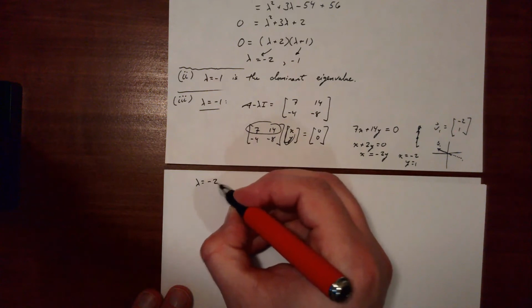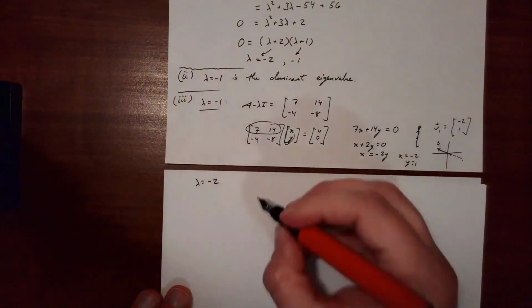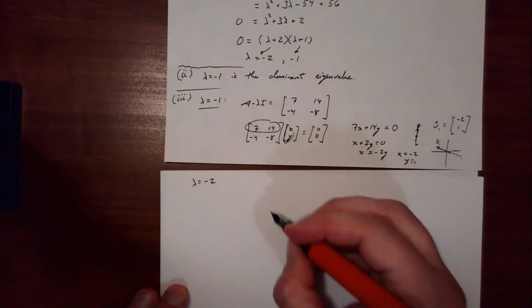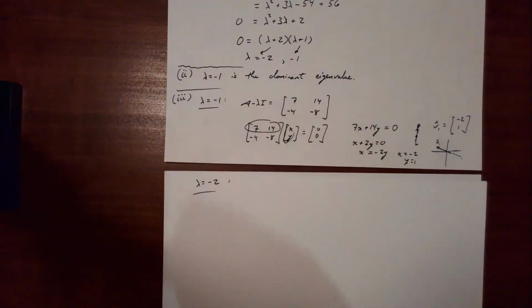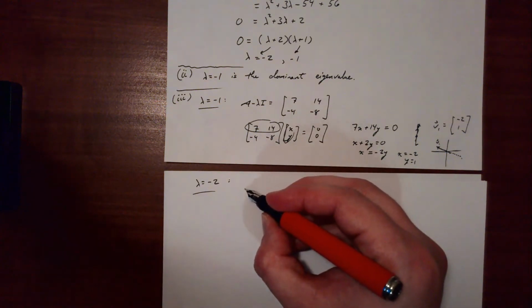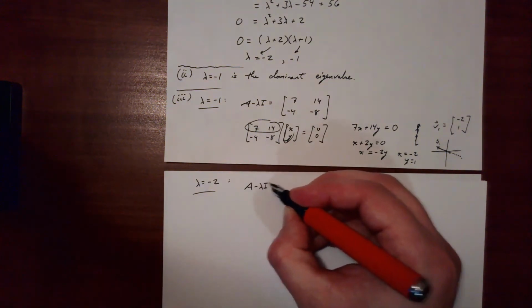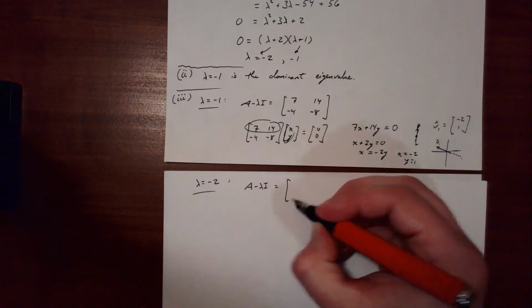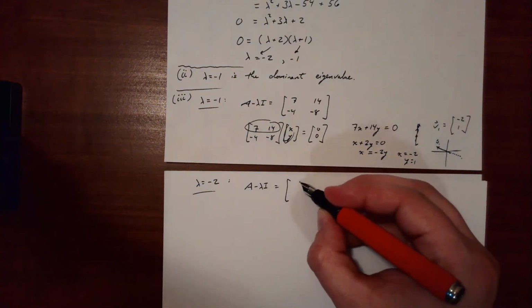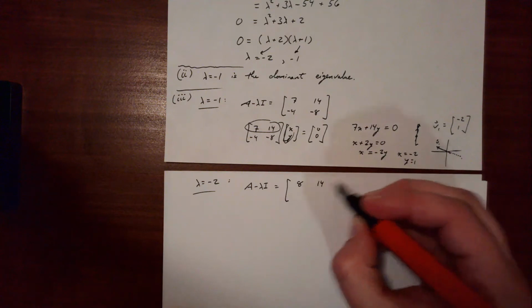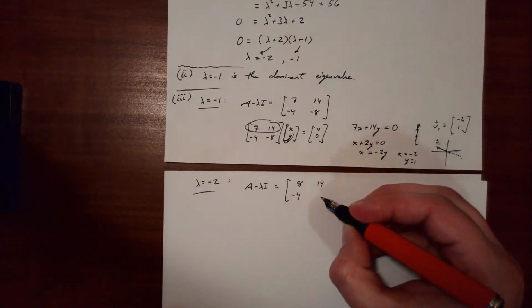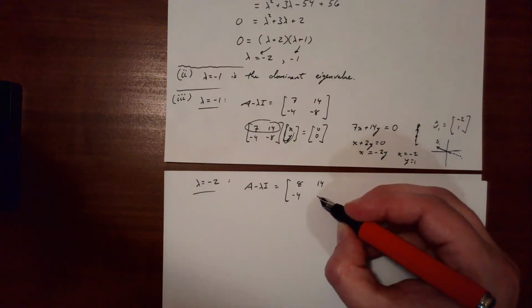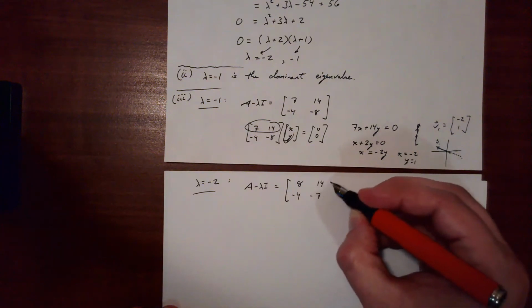Now, the other eigenvalue, lambda equals negative 2, this will lead us down the same basic process here. We get A minus lambda I. It's going to be 6 minus negative 2 is going to be 8, 14, negative 4, and now negative 9 minus negative 2 is going to be equal to negative 7.